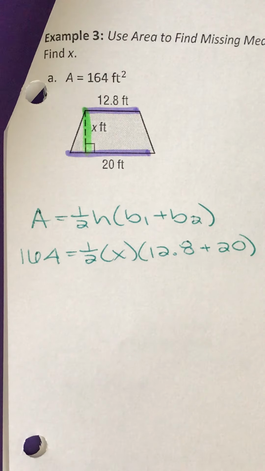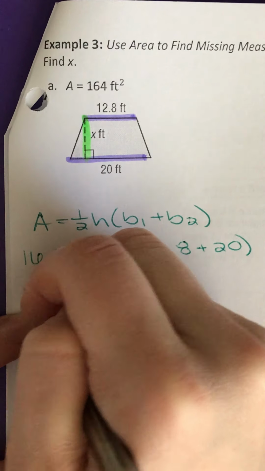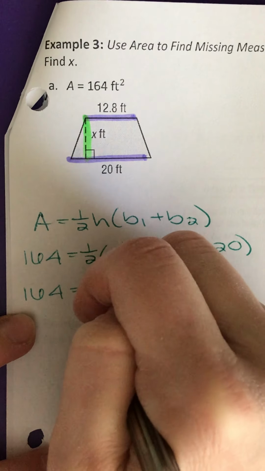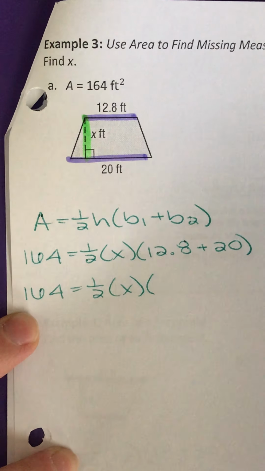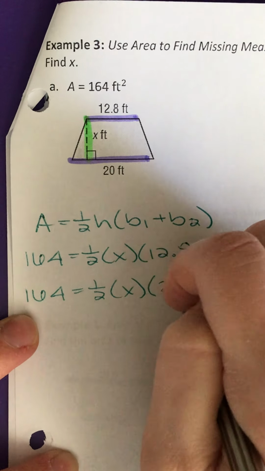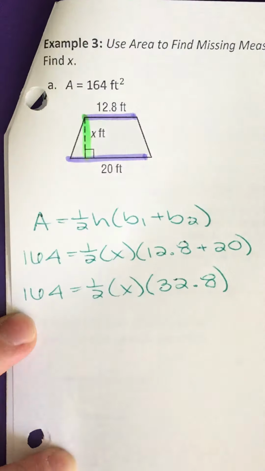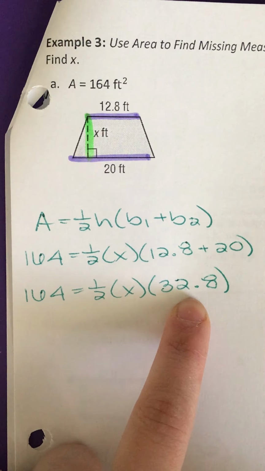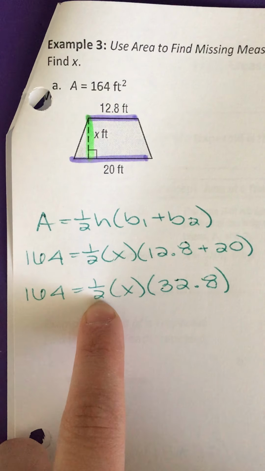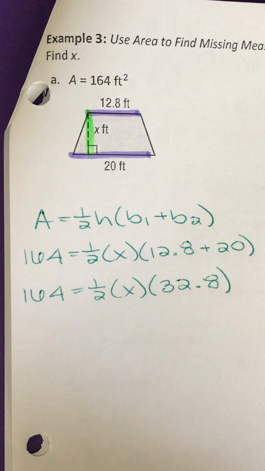So there's a couple ways I could do this. First I'm going to add 12.8 and 20. I get 32.8. I could take half of that number and then divide both sides. I could also multiply both sides by 2. So it doesn't matter.